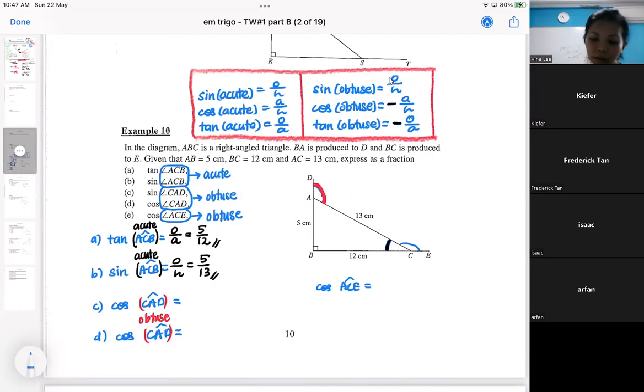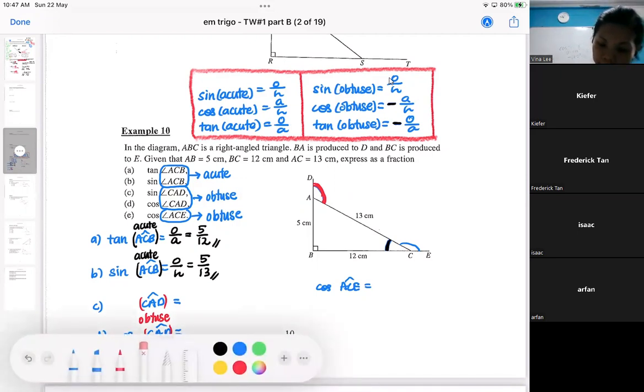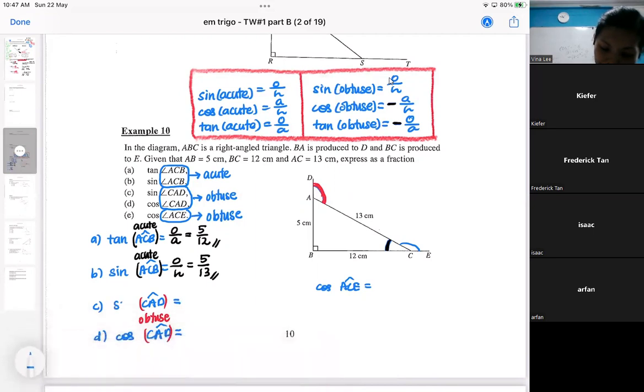So obtuse angle, where is the formula? I think I wrote something wrongly. This is a sine. So according to the formula it is O over H. According to the formula it is negative A over H. So under the obtuse angle.